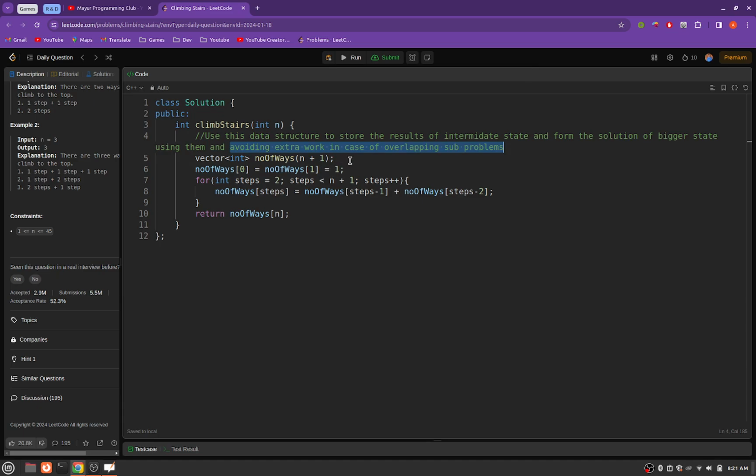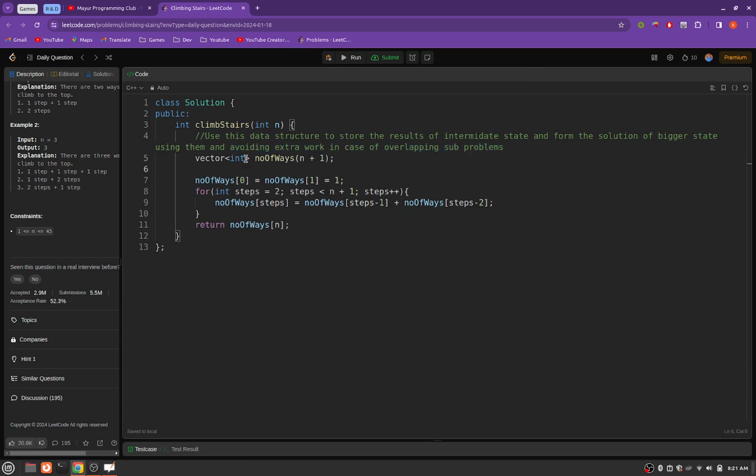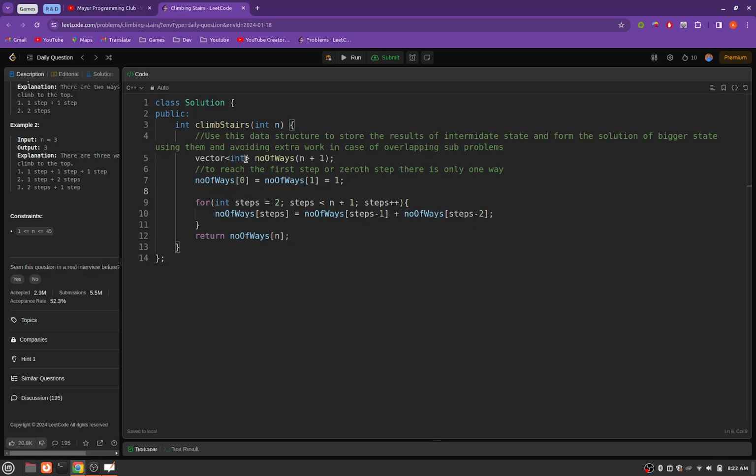So next, to reach the first step, or 0th step, there is only one way, and then we will be building our solution starting from the second step.